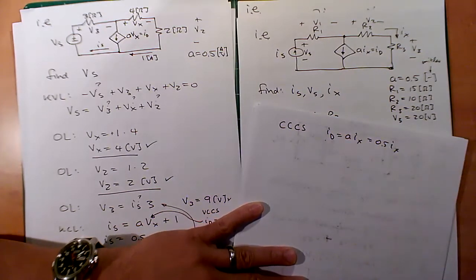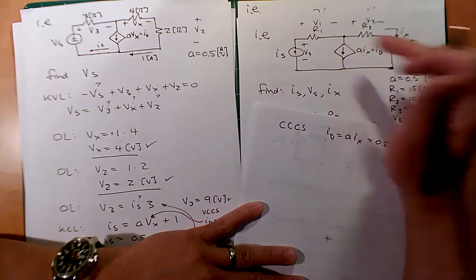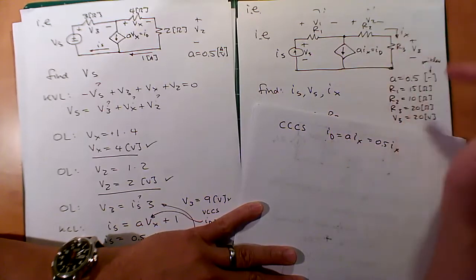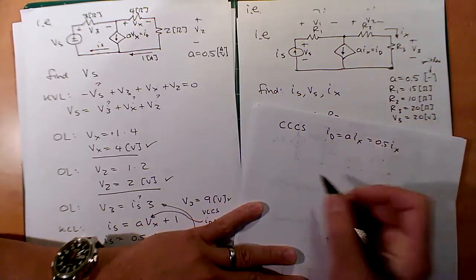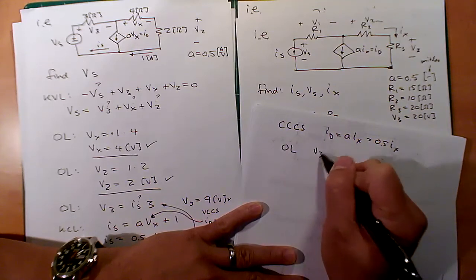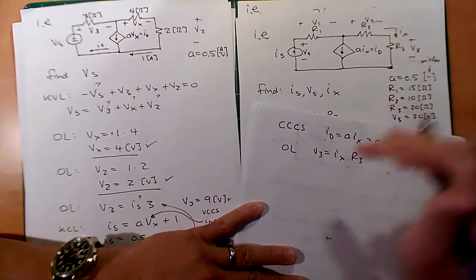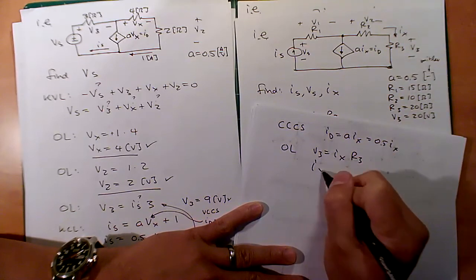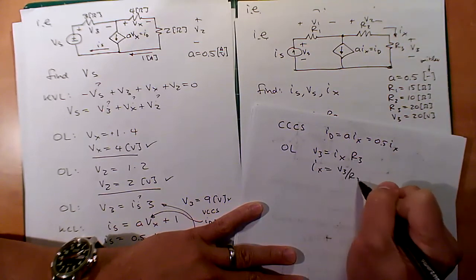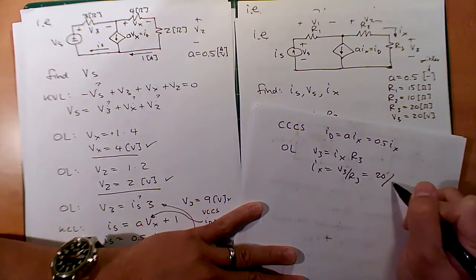Okay, let's crunch it. All right, so we have this V3 here, we know it, it was given to us at 20 volts. So Ohm's law, V3 is equal to Ix times R3. Positive current's going to the positive terminal, good. So Ix is equal to V3 over R3 is equal to 20 divided by 20.